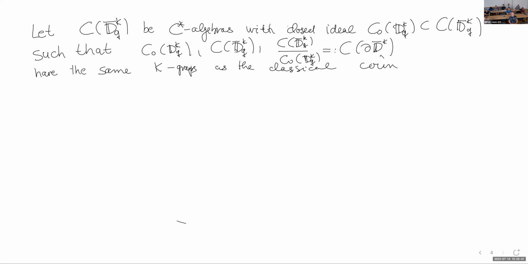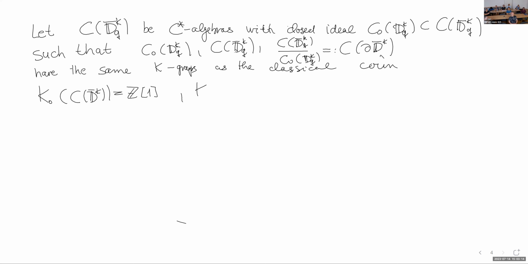Do you assume that you have some K-generators? K0 of my closed disk is one, from C1.